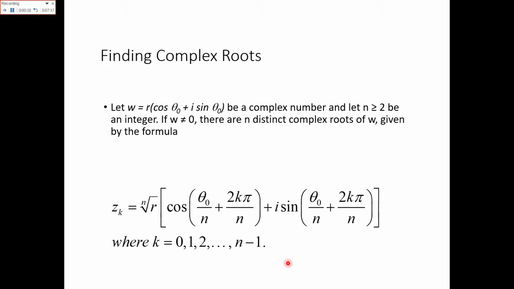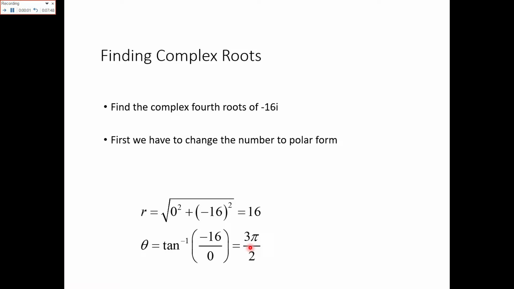The formula for that is z of k is equal to the nth root of r times cos of theta naught over n plus 2 pi k over n, plus iota sin of theta naught over n plus 2 pi k over n, where k is equal to 0 to n minus 1. Now we will apply this.